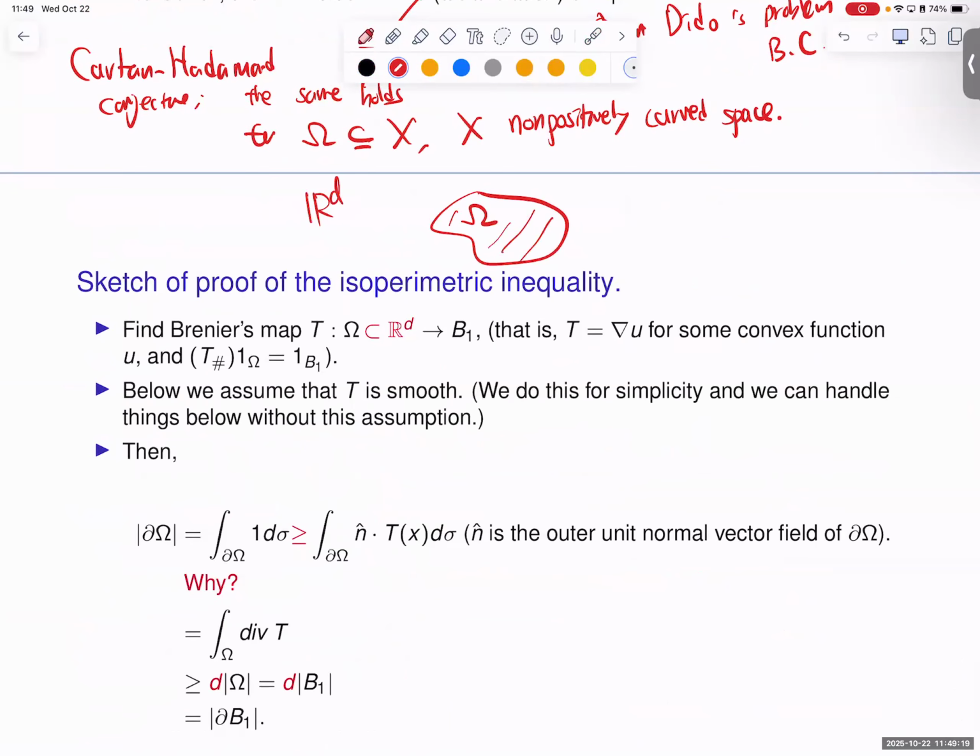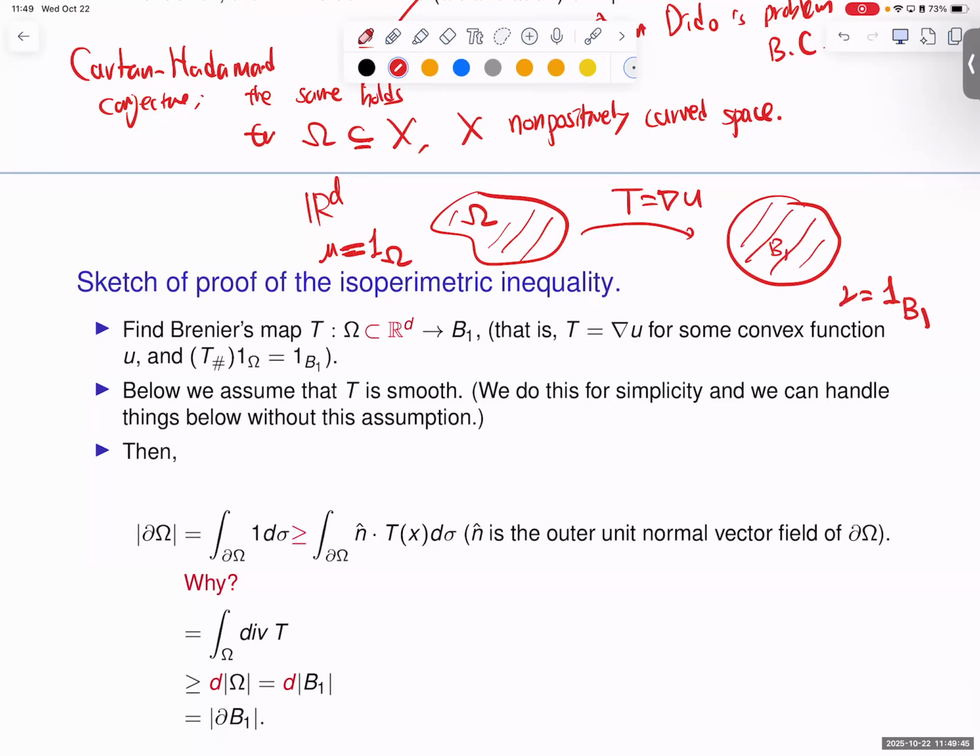Then you can find an optimal transport mapping, by Brenier's solution, transporting this measure, the characteristic function of Omega, to the target measure, the characteristic function of B1.